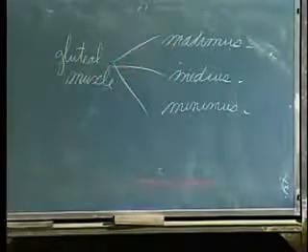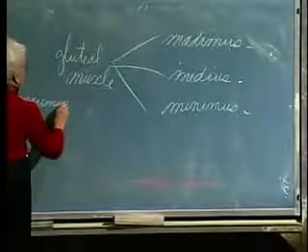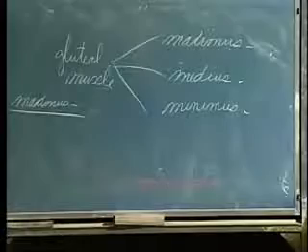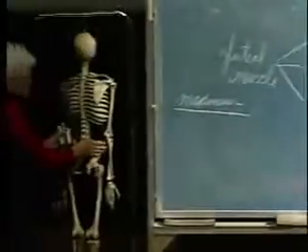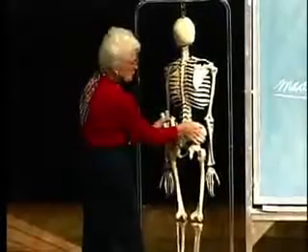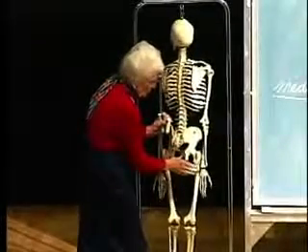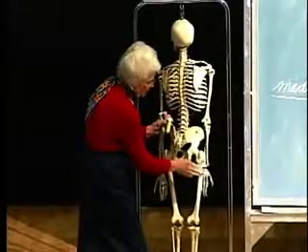Let's take our maximus. It will be coming from, obviously, the ilium, because the ilium is making up most of this area. And it will go over to the proximal shaft of the femur.